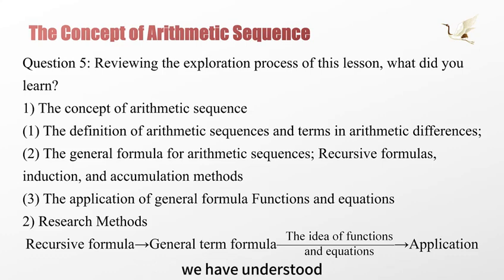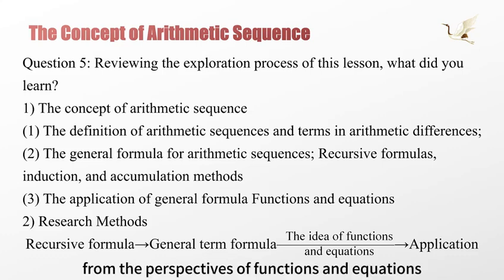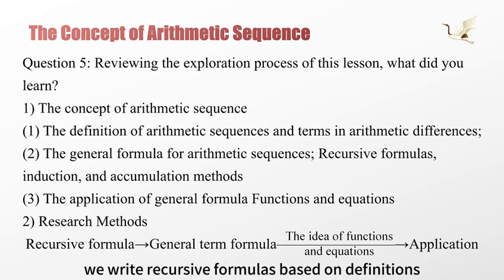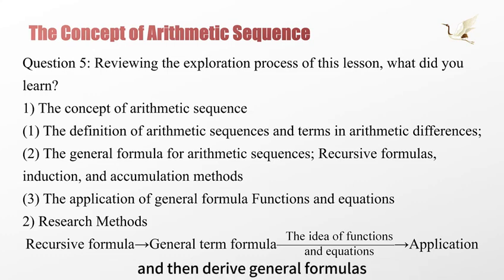We have understood the general term formula from the perspectives of functions and equations, and solved some simple problems. From the perspective of research methods, we write recursive formulas based on definitions, and then derive general formulas using appropriate methods. This is a common method we use to study special sequences. We will continue to use it in the future.